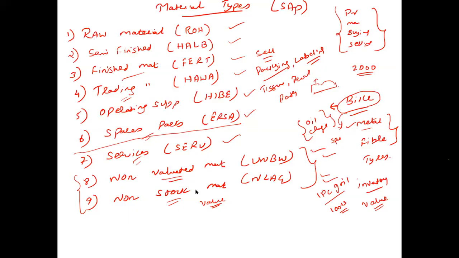Sir, can a consumable material come under non-stock material? If you are consuming that material, that will be operating supplies. But consumable has no stock, but we are paying the vendor. But you're consuming the material from the vendor, right?